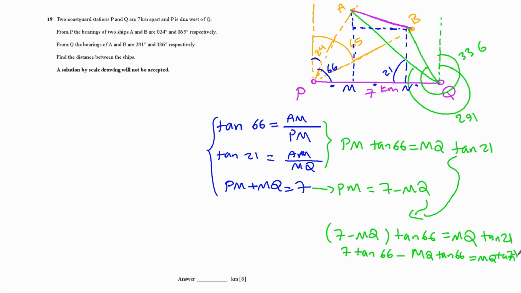If I do all of this, I'm just going to use the calculator to get the answer. So I am going to do 7 times tan 66, divided by bracket tan 66 plus tan 21.